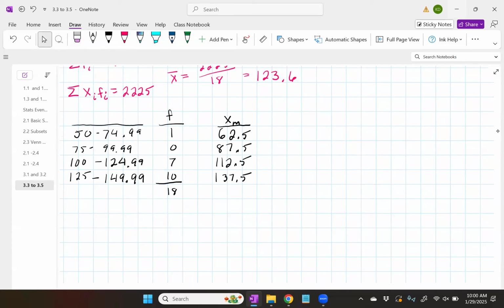So my next column is going to be our X sub M minus our X bar, and then we're going to square these data values. And then my last one, X sub M minus X bar squared times F. And our mean is above.